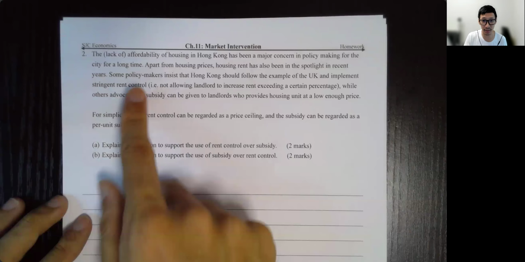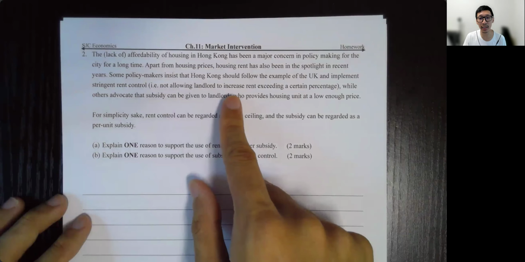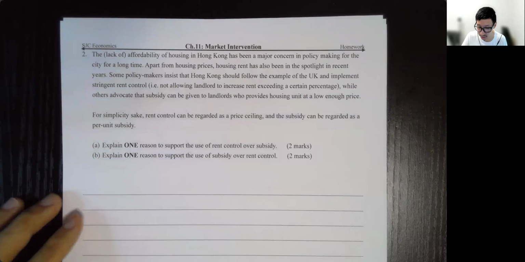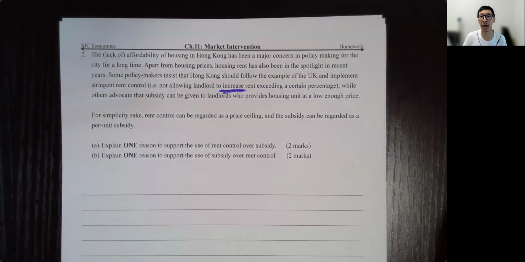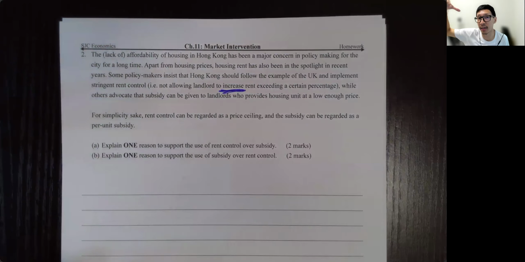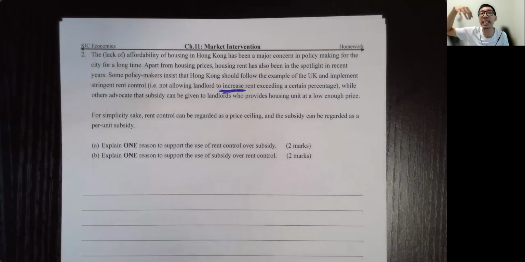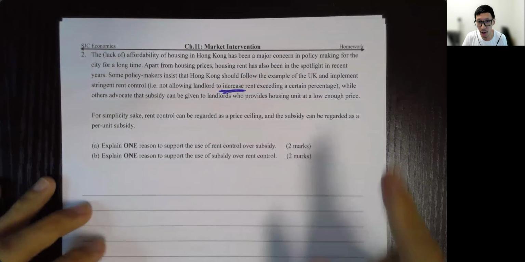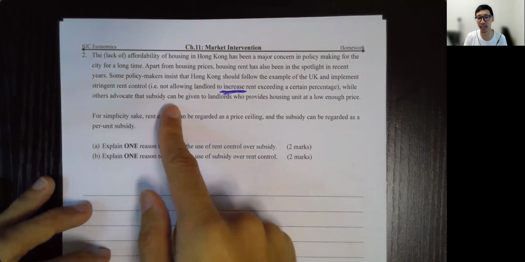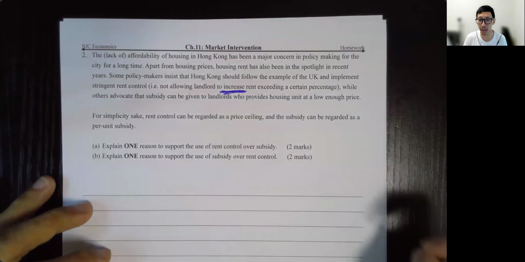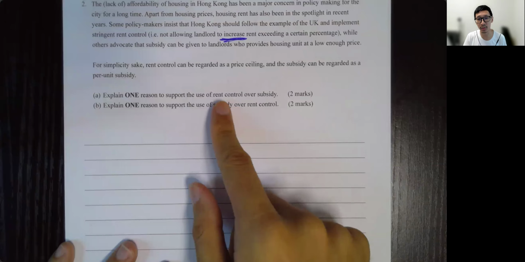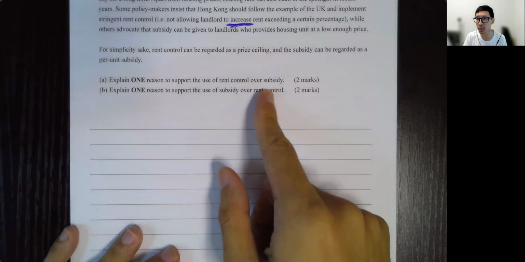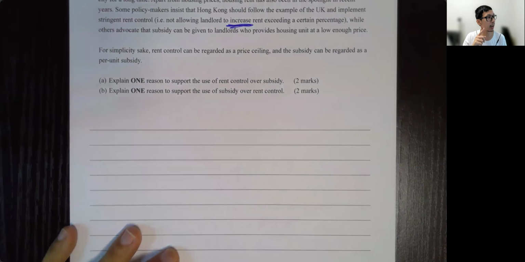In reality, how does it work, okay? Not allowing them to increase the rents is not a price ceiling, but is a maximum control in increment. OK，唔俾你加得太多。 OK, while others advocate subsidy should be given to landlords. OK，好嘛？ Now we need to explain one reason to support the use of rent control over subsidy.